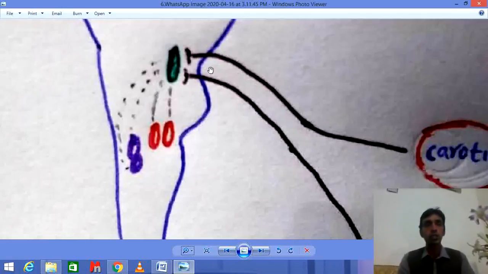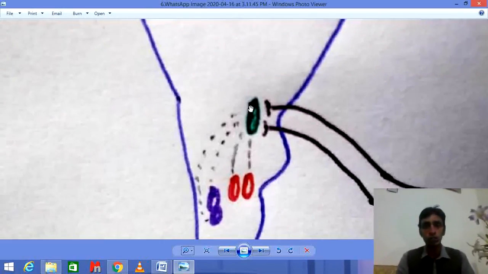These neurons transmit the signal to the tractus solitarius. The blood pressure is increased, this increase in blood pressure is detected by these receptors, and this information is transmitted to the tractus solitarius.